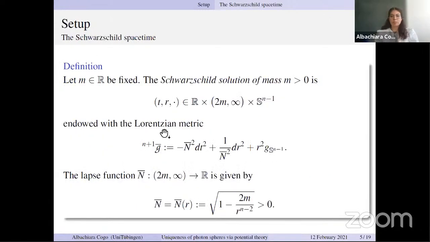Okay, so a specific example of geometrostatic spacetime is given by the Schwarzschild solution. Here I've just written it down to fix the notation again in Schwarzschild coordinates. So it is in fact the warped product between R and this Riemannian manifold with this Riemannian metric, and the lapse function is given by this function, and it's also involved in the Riemannian metric.